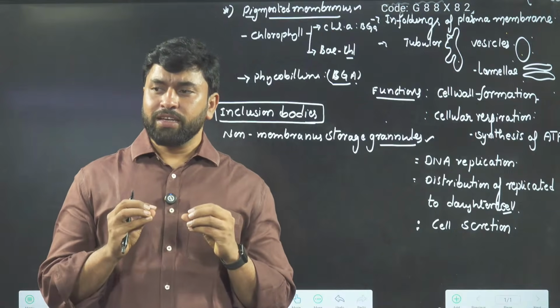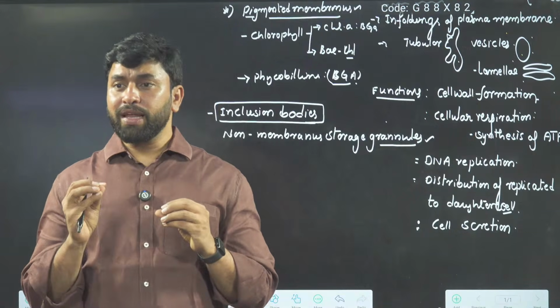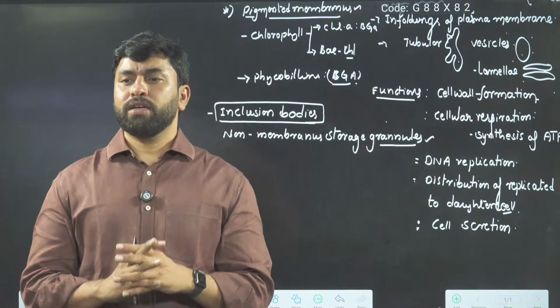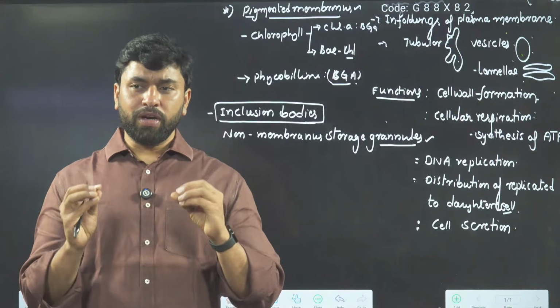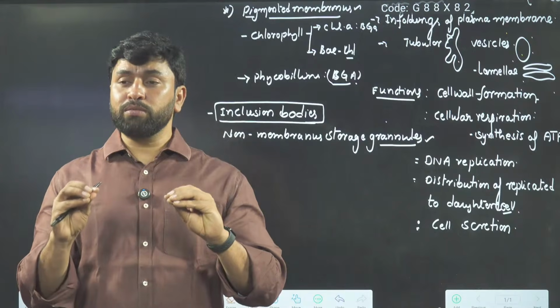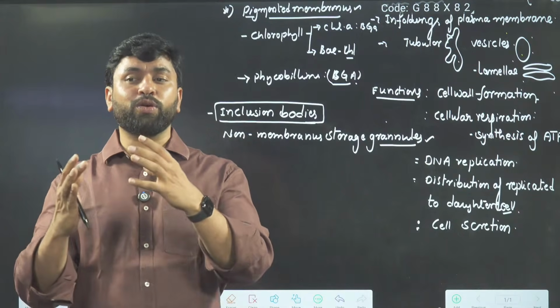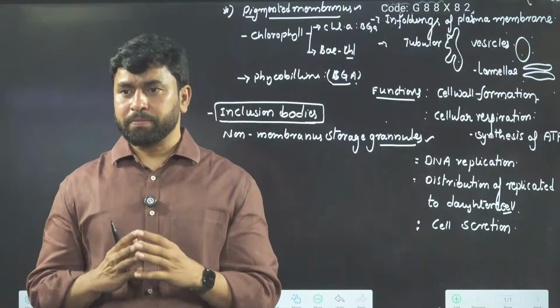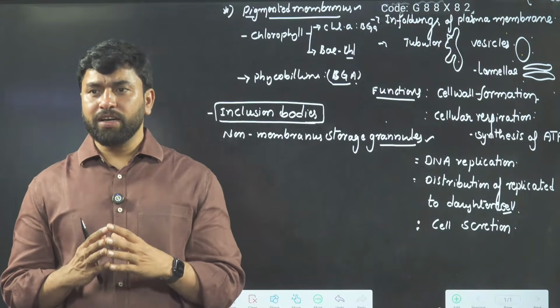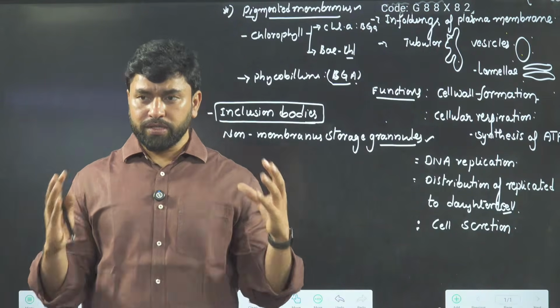Why do they say prokaryote cells will have something unique in the form of inclusion bodies? There are inclusion bodies in prokaryotic cells, and such kinds of inclusion bodies we do not see in eukaryotic cells. That is the intention. Other than that, inclusion bodies are not unique to prokaryotic cells.